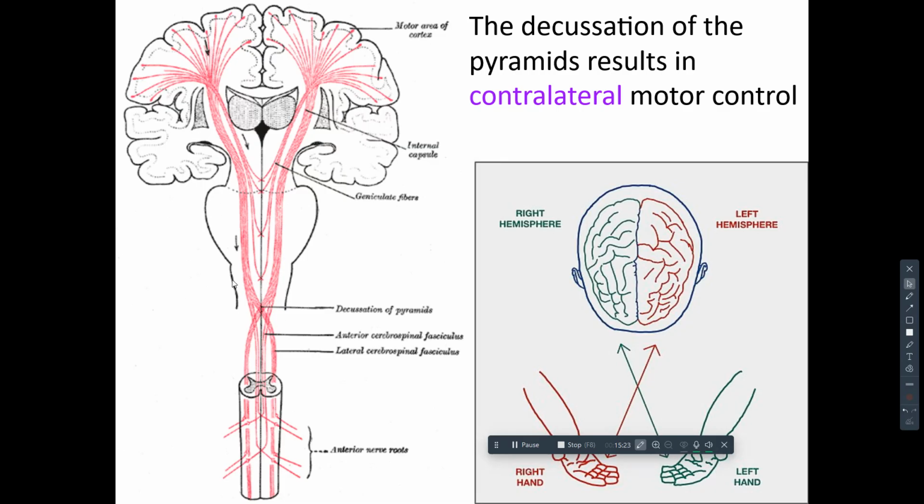And then in the medulla oblongata, the collection of neurons on each side is called a pyramid. And we see the switching of sides. This is where most of the switching takes place. Not all of it though, but most of the switching takes place here. And this crossing over is called the decussation of the pyramids, and it is what's going to result in contralateral movement control.